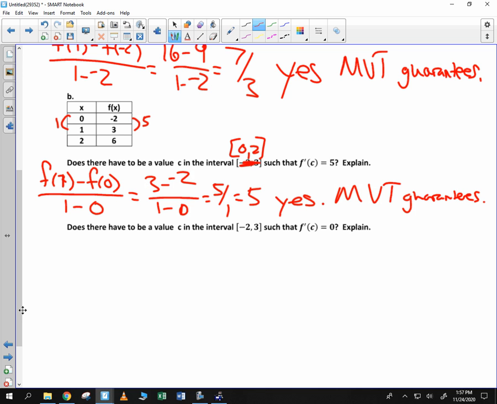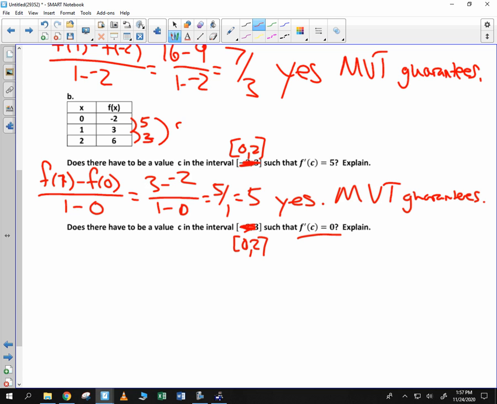Is there ever a time where the derivative has to be, so again, we're going to go from 0 to 2, sorry about that. Is there a time where the derivative has to be 0? Huh. Well, here I went up 5. Here I went up 2 or 3.